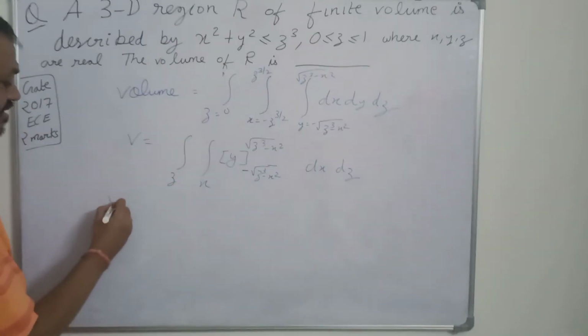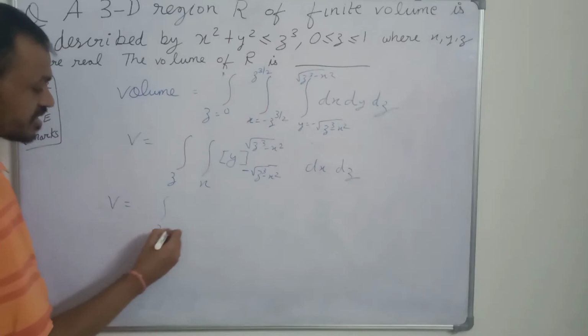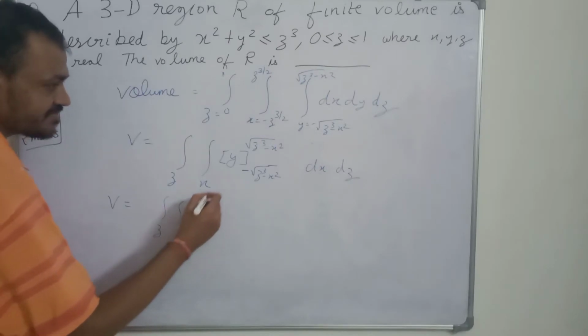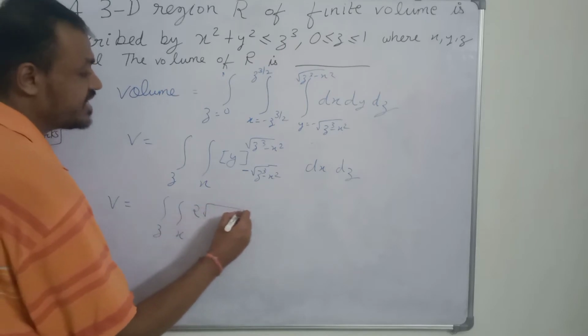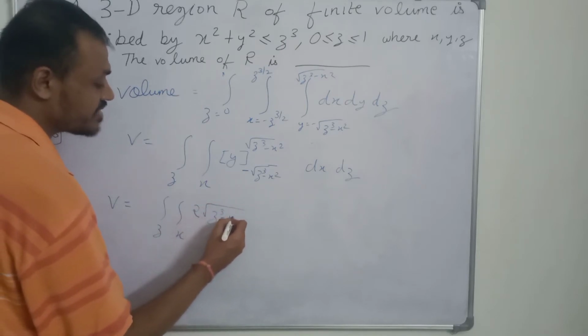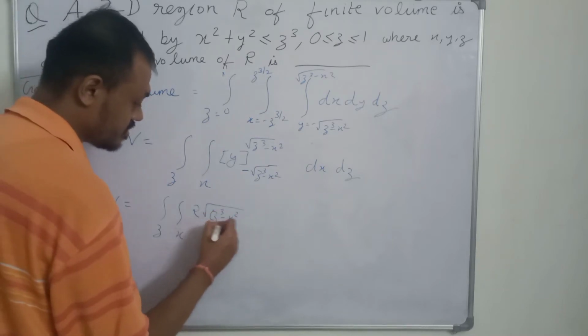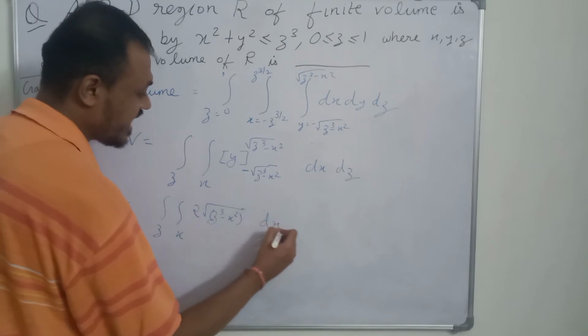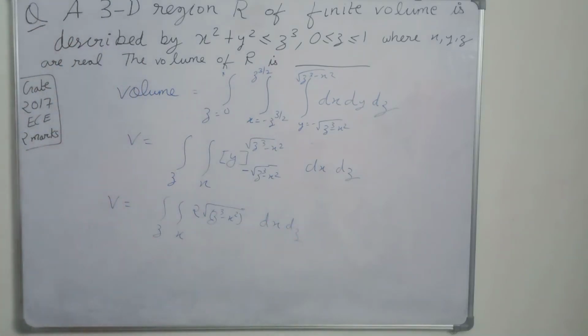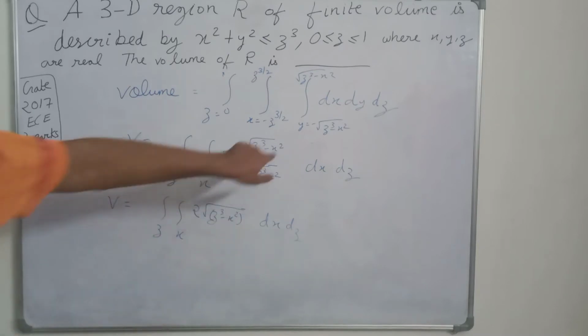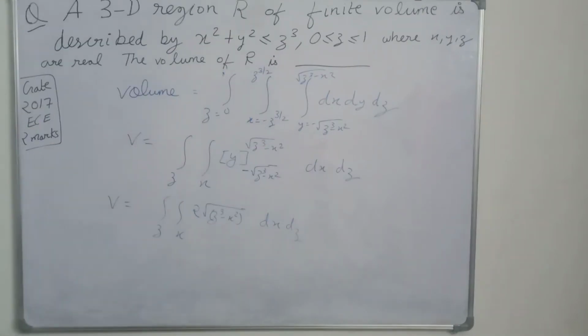So if we put the limits, then volume will be equal to integral z, integral x, 2 times under root of z cube minus x square dx dz. First we integrated with respect to y, because y was the innermost integral.